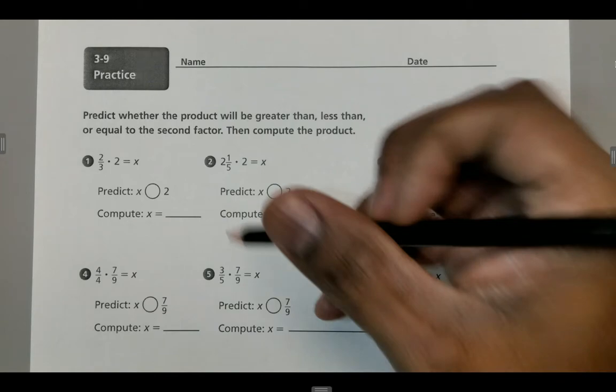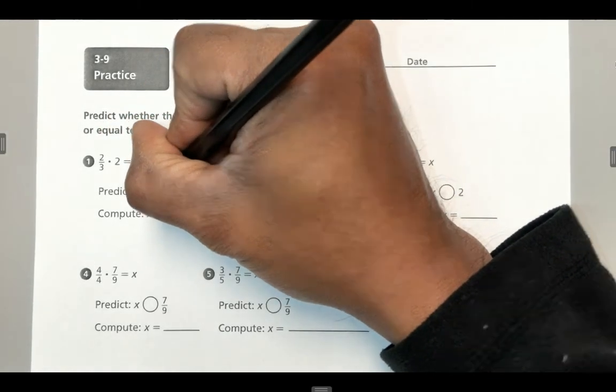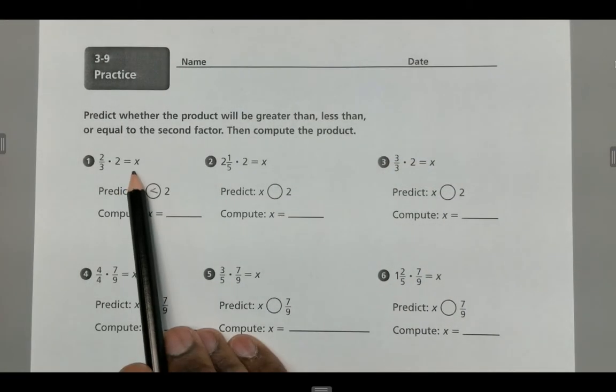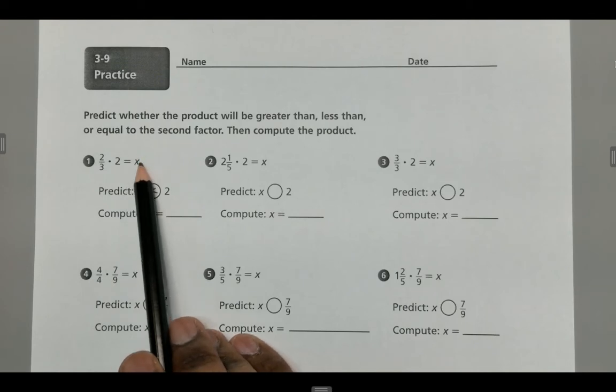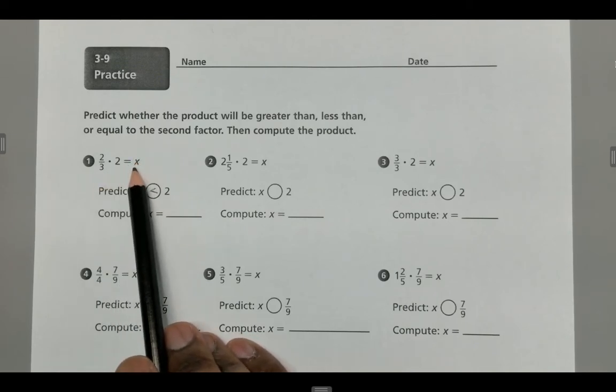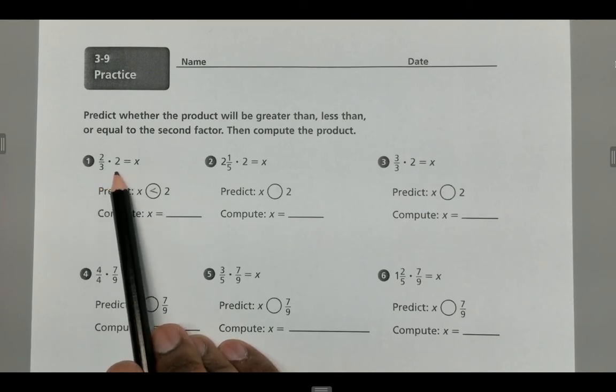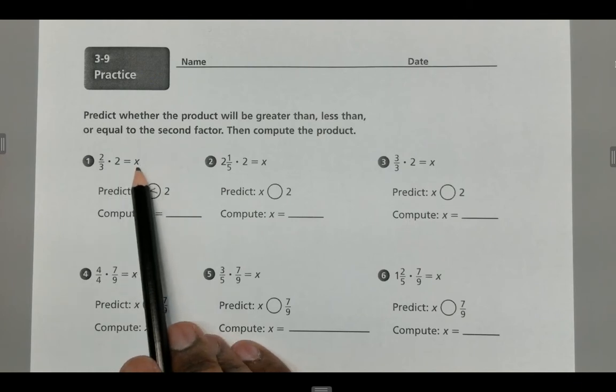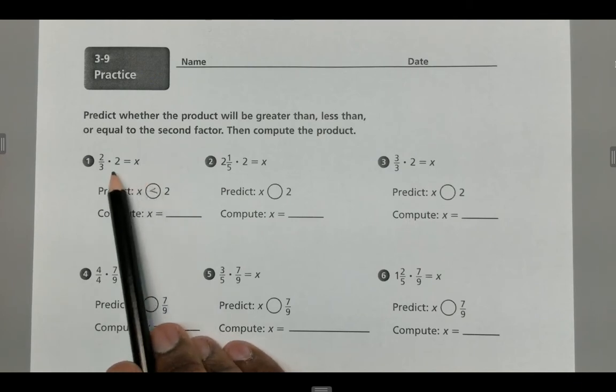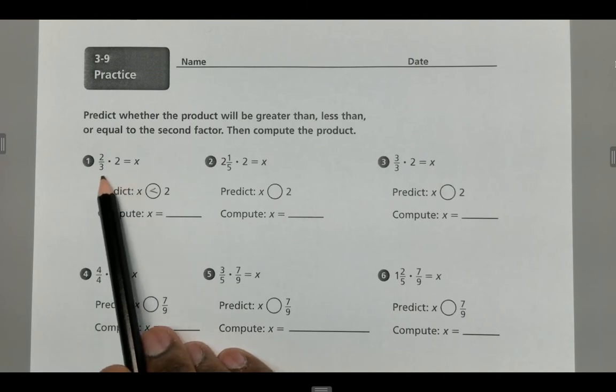Well, it's going to be less than 2. And in this case, the x is simply the variable used to represent the answer to this problem, the product, what I get when I actually compute 2/3 multiplied by 2, which we'll do in the next step. But my prediction is that whatever I'm going to get for this answer, it's going to be less than 2 because I'm taking 2 and multiplying it by 2/3, which is less than a whole.